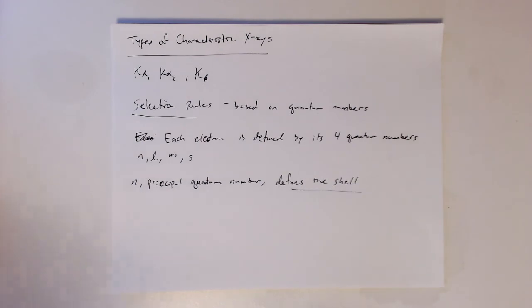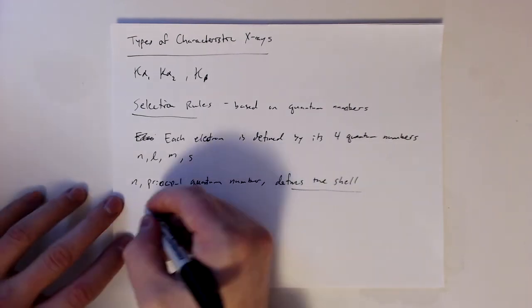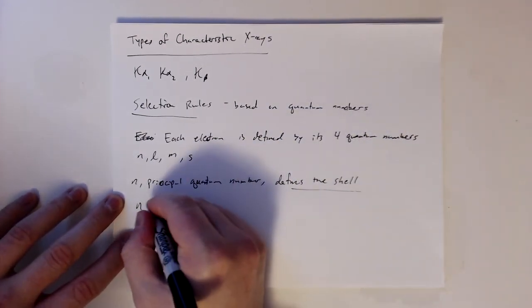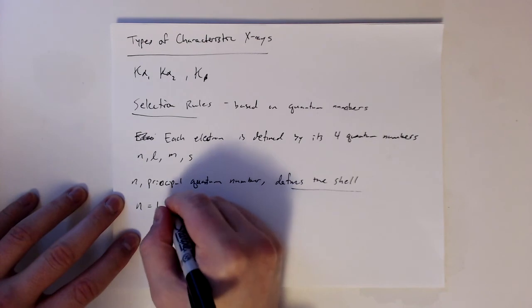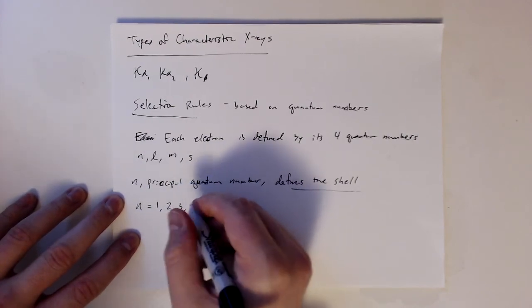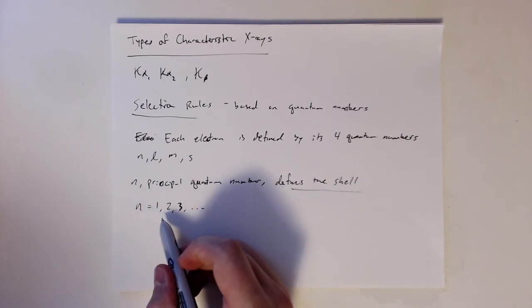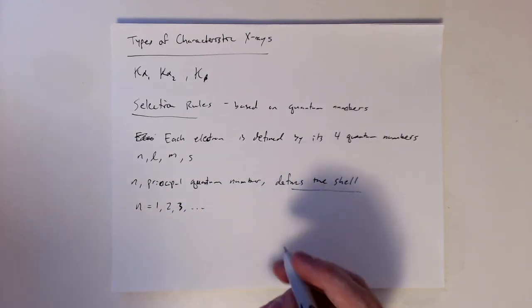So the shell is really what we're referring to here. And the possible values for the principal quantum number start at 1 and go up in integers thereafter. So we have the first principal quantum number is 1, 2, 3, etc.